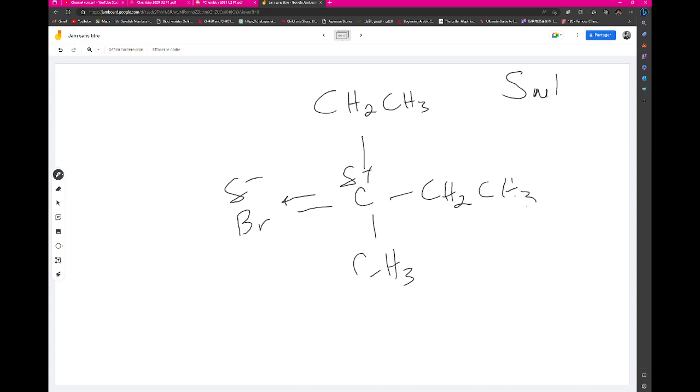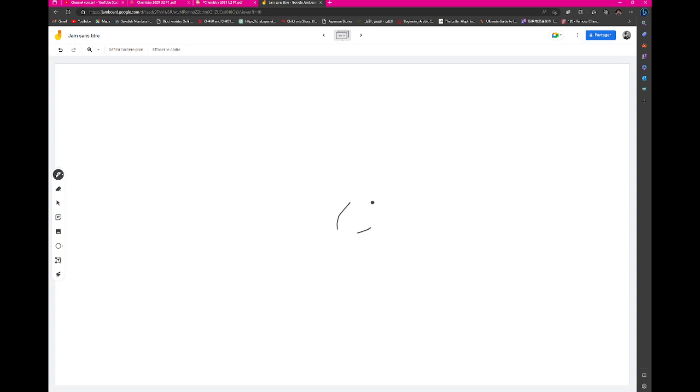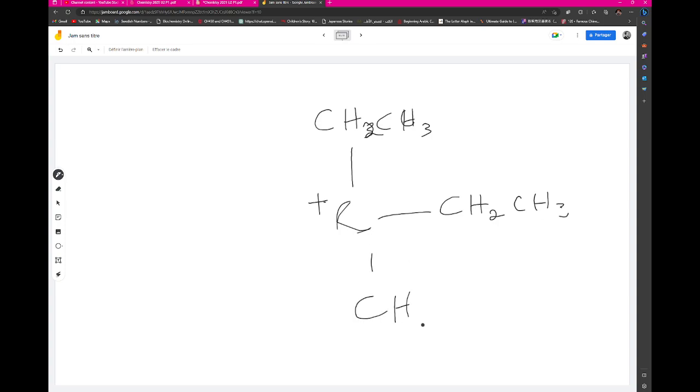This will be really slow, and it's going to produce a carbocation intermediate, CH2CH3, CH2CH3, CH2, plus the bromide ion.